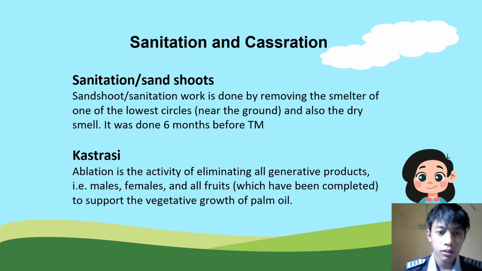It was done 6 months before the end. Castration. Castration is the activity of eliminating generative products, both male and female flowers, to support vegetative growth of palm oil.